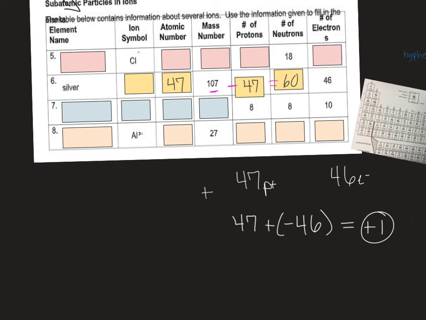So we would have our silver, which is Ag. Oh, we're not writing it in nuclear notation, sorry. So we have our ion symbol. We would have silver, and then we would add in that little plus 1 right there. Does not look like a plus 1 at all.